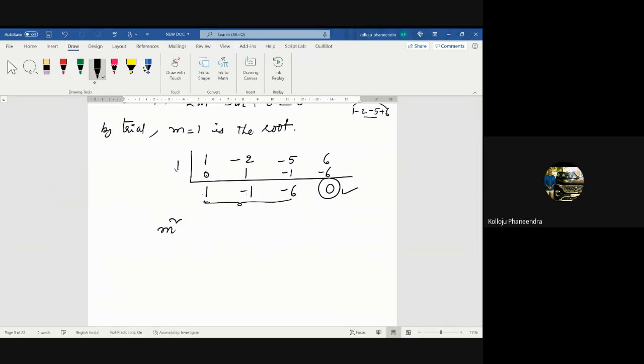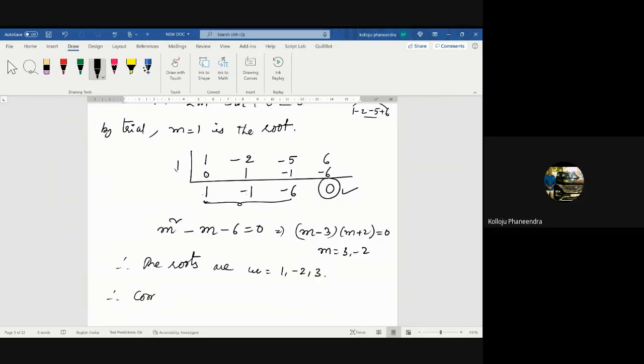So 1 into m square minus m, 1 into m minus 6 equal to 0. So what are the roots here? I think m minus 3, m plus 2. Is it correct? Okay. Therefore, m equal to 3 comma minus 2. Therefore, roots are m equal to 1 comma minus 2 comma 3.